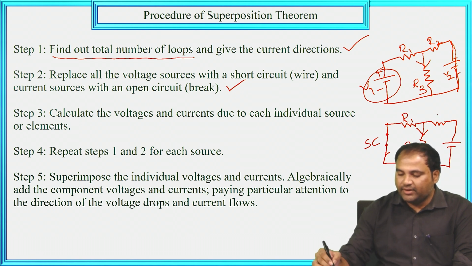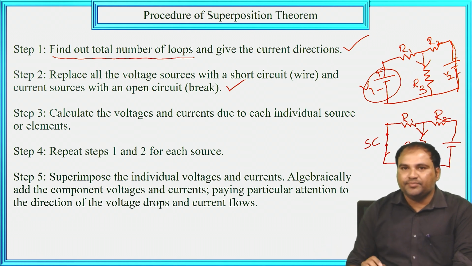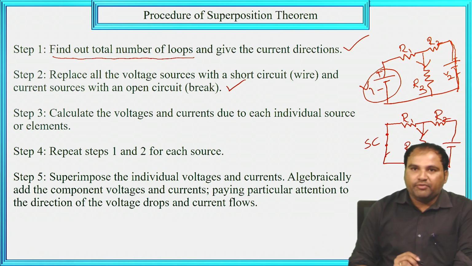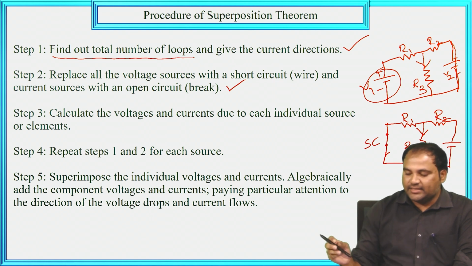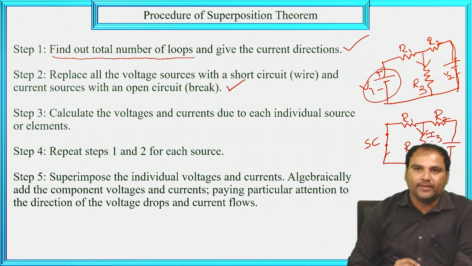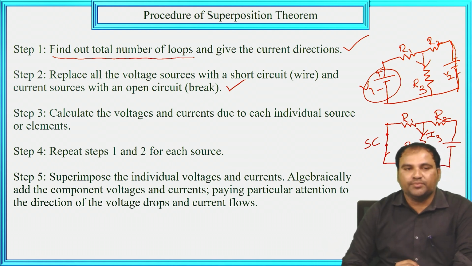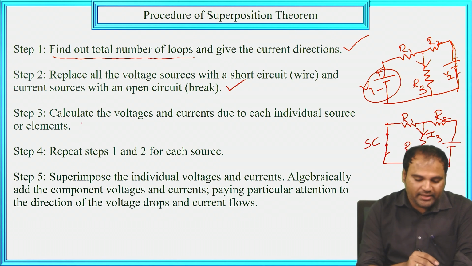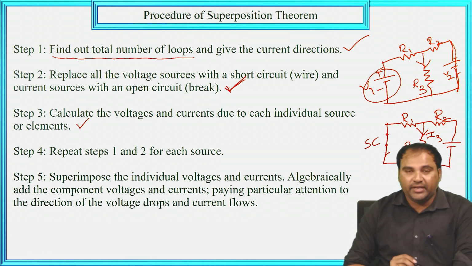All the elements are the same, R1, R2 and R3. Now we need to find out the current through the R3 resistor, let us take it as I3 or IR3. That is step number 2. Now step number 2 is over, and step number 3 is we need to calculate.